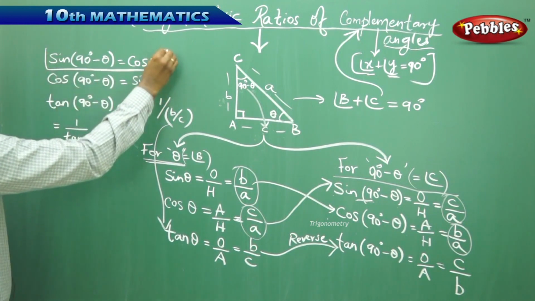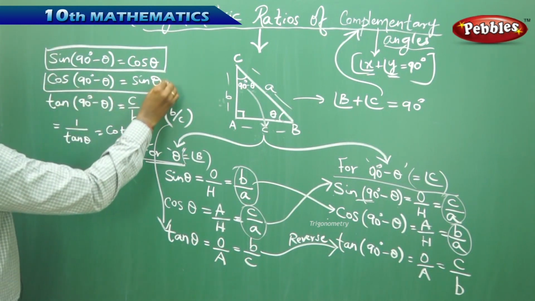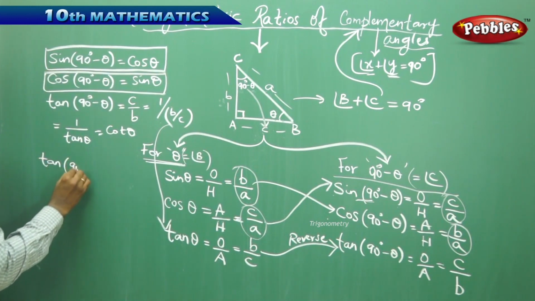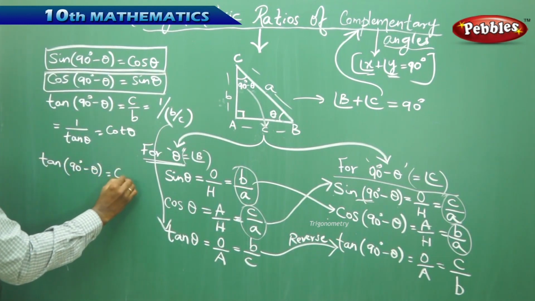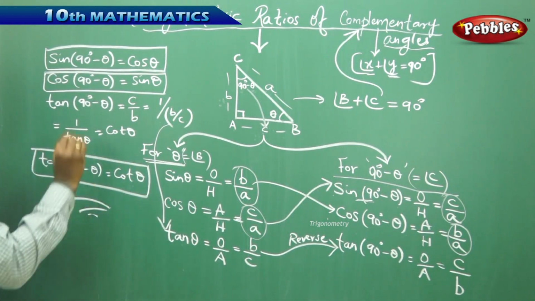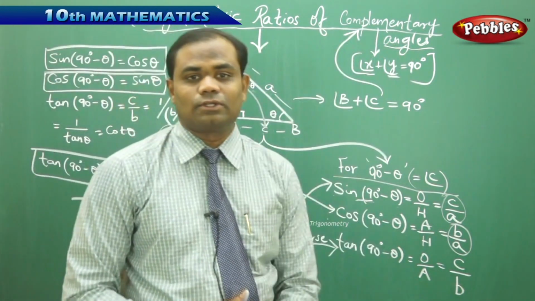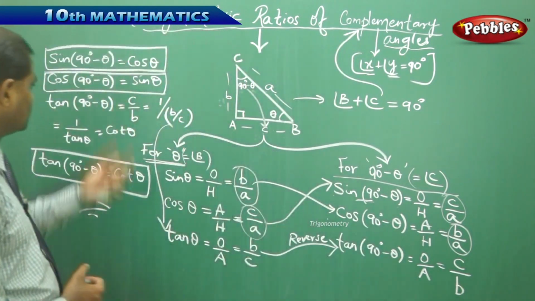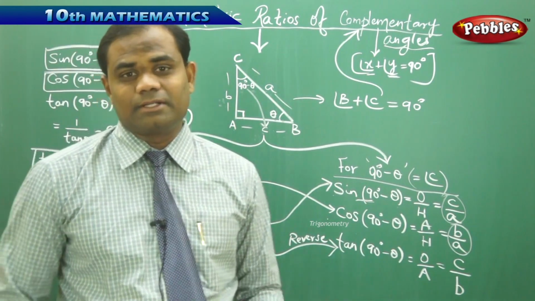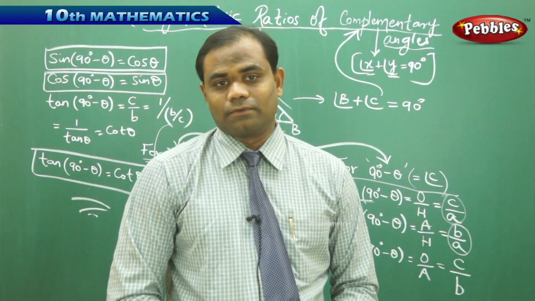Therefore, I have three derived formulae. Sin 90 minus theta is cos theta, cos 90 minus theta is sin theta, and tan 90 minus theta is cot theta. These are the three basic formulae identified for the trigonometric ratios connected with complementary angles. Sine 90 minus theta equals cos theta, cos 90 minus theta equals sine theta, tan 90 minus theta equals cot theta is what we conclude.